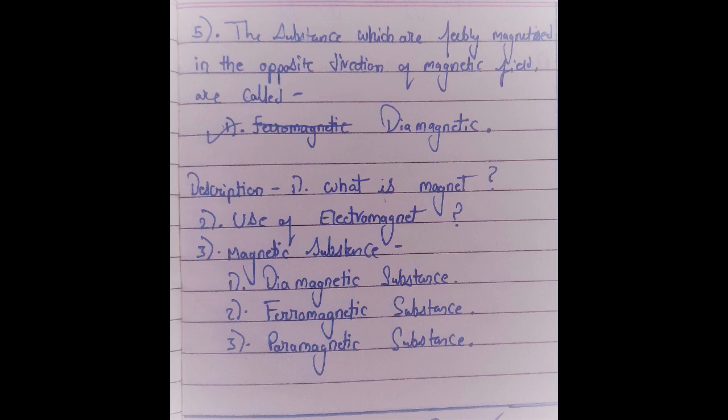Now total internal reflection. If light is traveling from denser medium to rarer medium and the angle of incidence is more than the critical angle, then light is reflected back into denser medium. This phenomenon is called total internal reflection. Sparkling of diamond, mirage and looming, shining of air bubbles in water, and optical fibers are examples of total internal reflection.